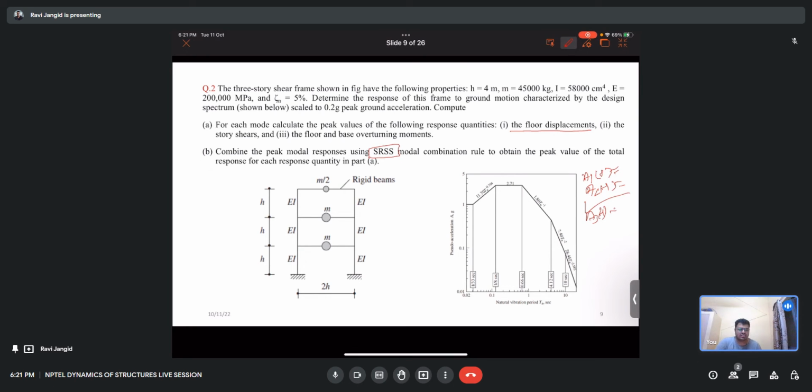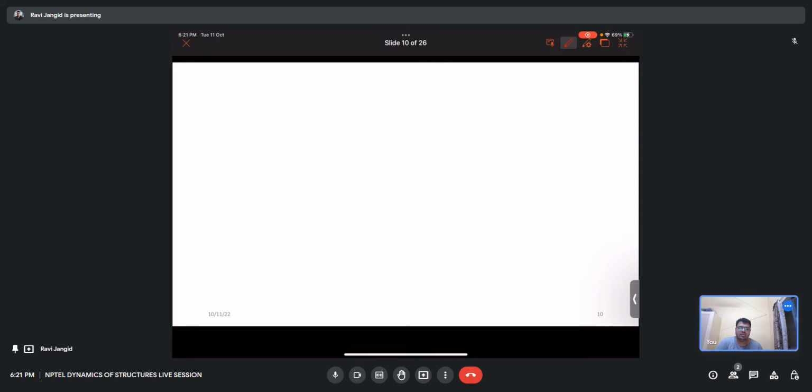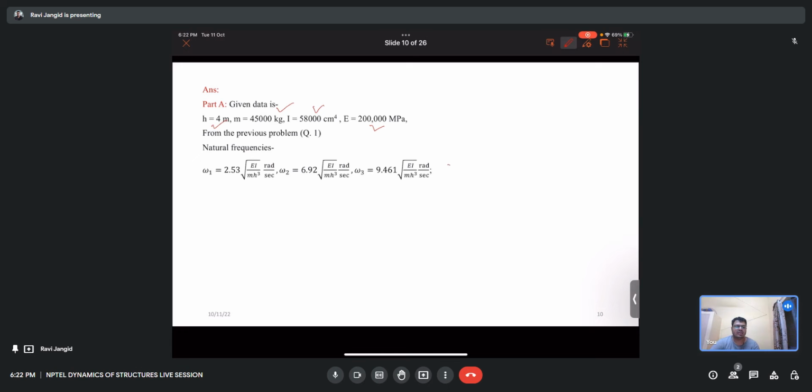Okay, so this is the same kind of problem. The data given: height of the story is 4 meters, mass of the story is 45,000 kilograms, moment of inertia 58,000 centimeter to the fourth, and E is 2 into 10 raised to power 11 Pascal or Newton per meter square. From the previous problem, question 1, we calculated the natural frequencies earlier.